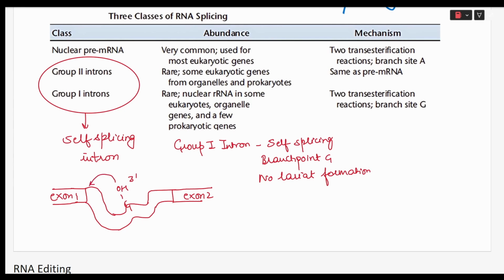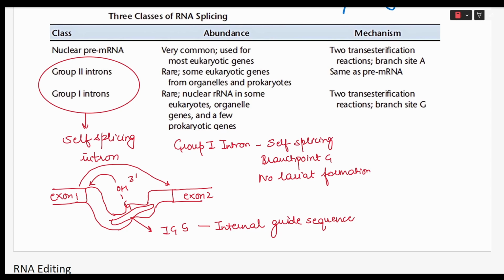It attacks the 5' splice site, the bond breaks, and the bond rejoins with exon 2. This is quite easy. Basically, these introns have a specific sequence. We call it the IGS, also known as the internal guide sequence, which guides the intron to take a specific conformation. Now again, this is a nucleophilic attack, guys. Everything else almost remains the same.